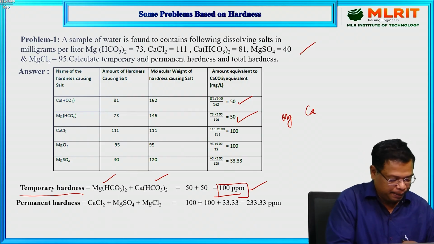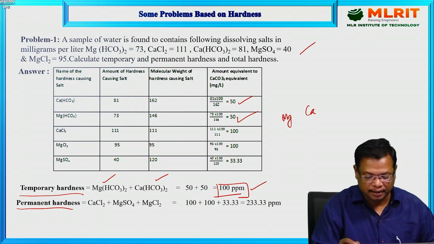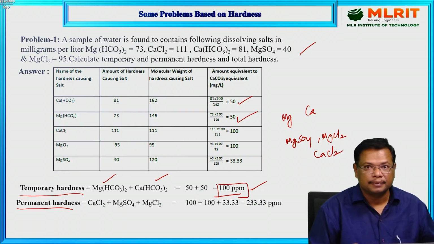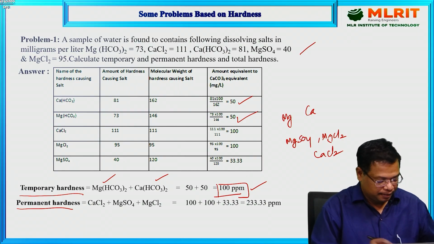Next, permanent hardness. Permanent hardness is caused by magnesium sulfate, magnesium chloride, and calcium chloride. These are the permanent hardness causing salts.